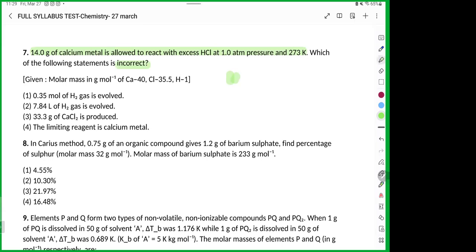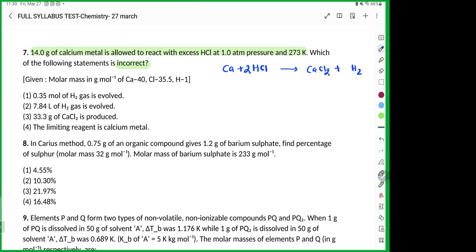Calcium metal reacts with HCl. So what will happen in this case? If it reacts, calcium chloride will form. You need two chloride, so two HCl, and hydrogen gas will be released. Correct? This is the process.